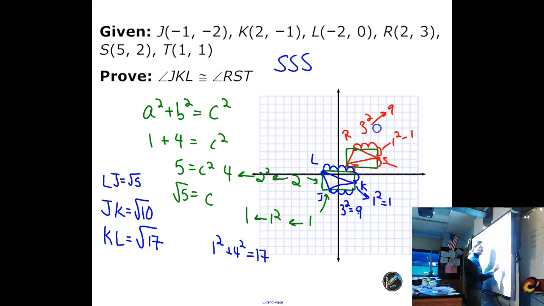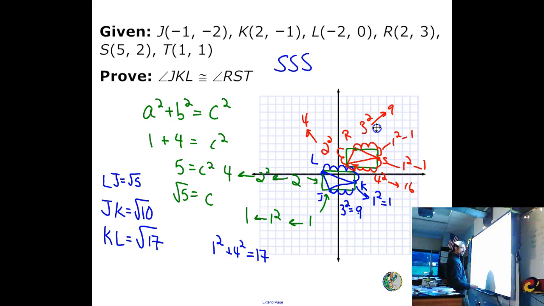I'm going 1. 1 squared is 1. Here I've got 1, 2, 3, 4. 4 squared is 16. And this is going to be up 1, 2. 2 squared is 4. All right, which means, oh my gosh, now my writing's looking really scary, but that's what it would look like in class anyways.